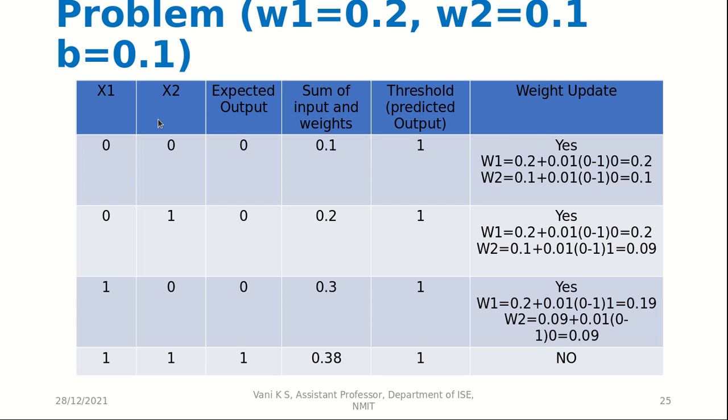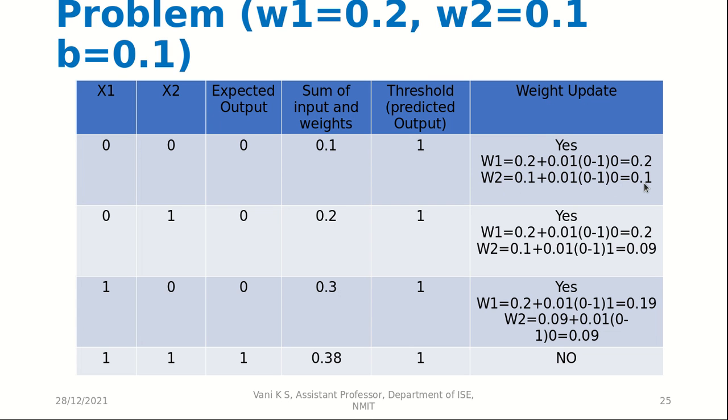The w1's corresponding input is x1, which is 0. So now our w1 stays 0.2, because this gets multiplied with 0. Similarly, w2 is also not changed, because delta w2 is a product of 0 and some number, so it will also not be changing. So w2 is also 0.1.